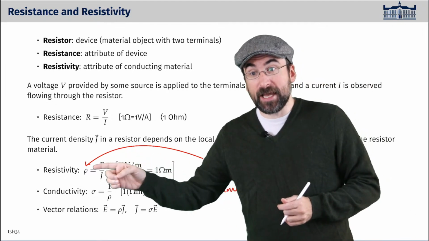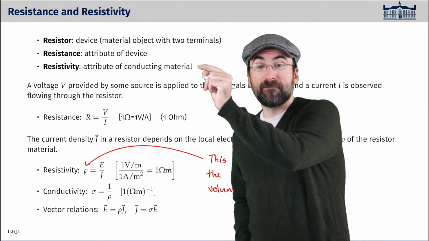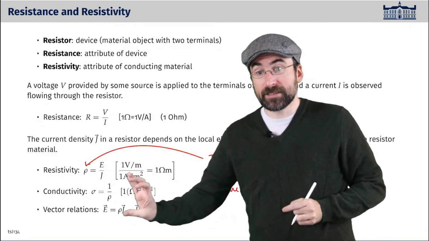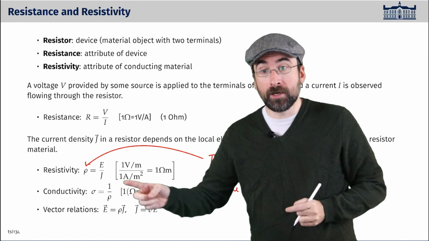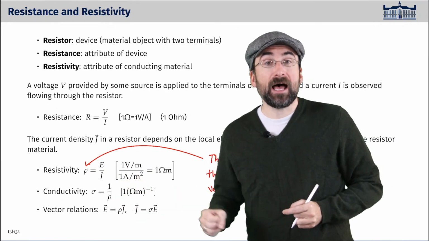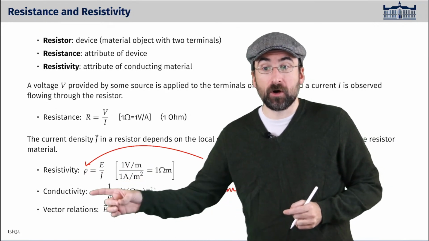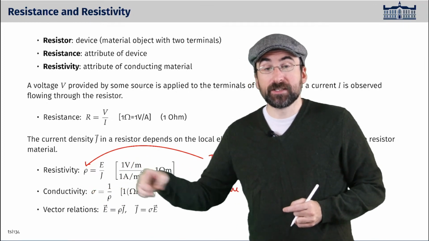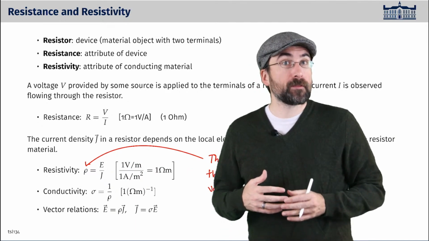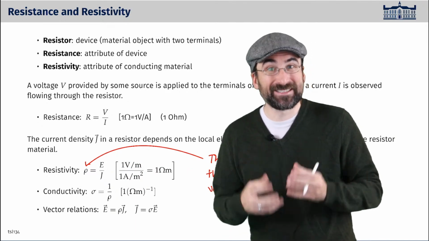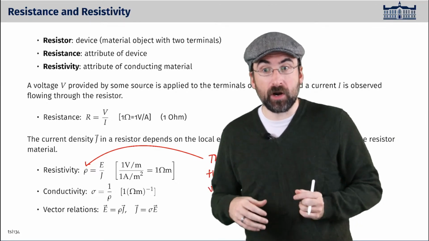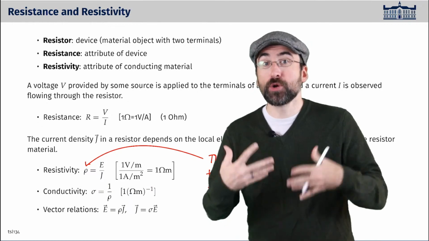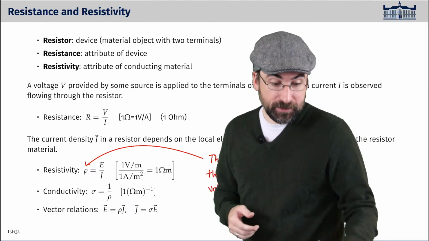Similarly, if I take the resistivity, which again I want to emphasize is a material property, and I take its inverse, so I do 1 over the resistivity, I get a different measure, which is called the conductivity. So if the resistivity is a material's inherent or innate resistance to the flow of current, the conductivity instead measures how good of an electrical conductor it is.